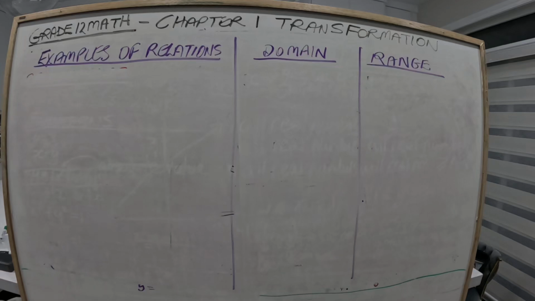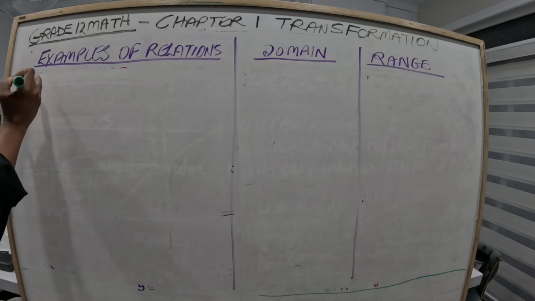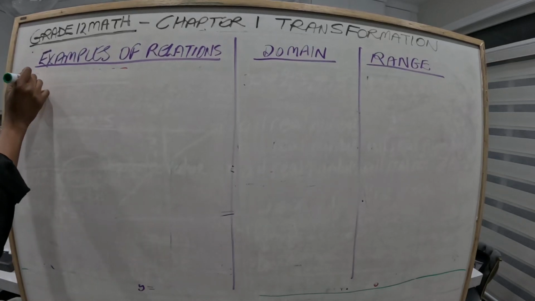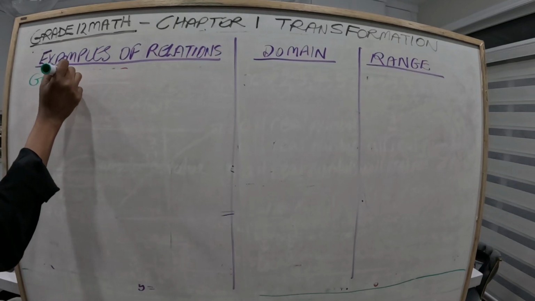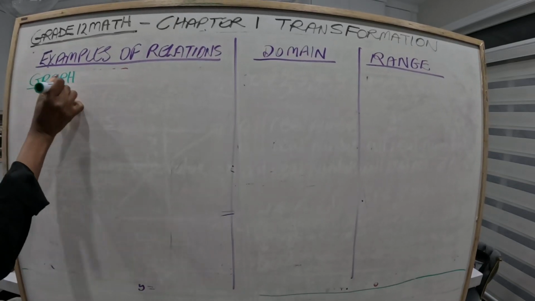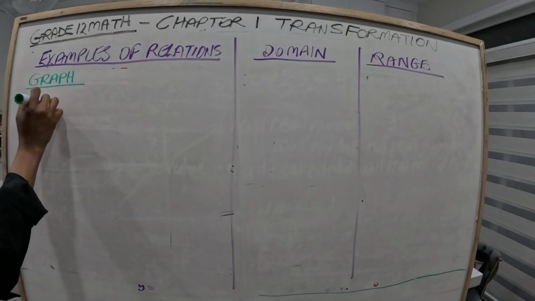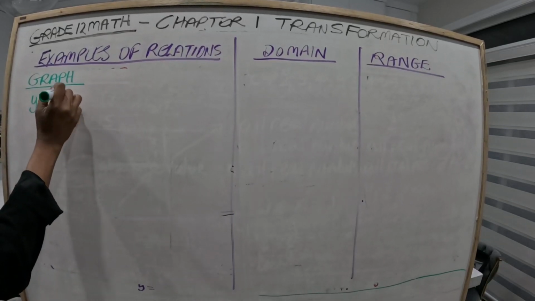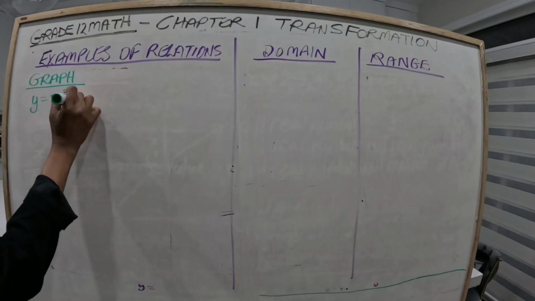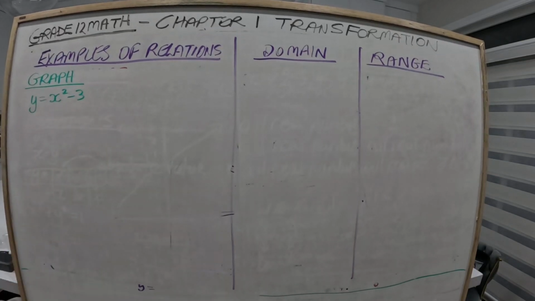So if you had a graph and the equation was y equals x squared minus 3, then this is what the graph will look like.